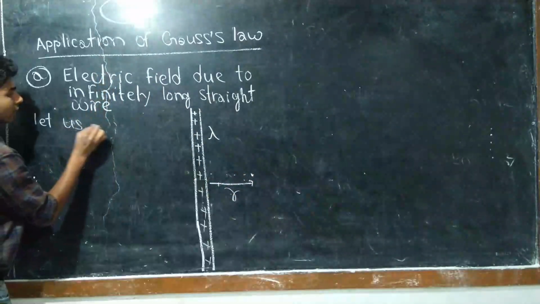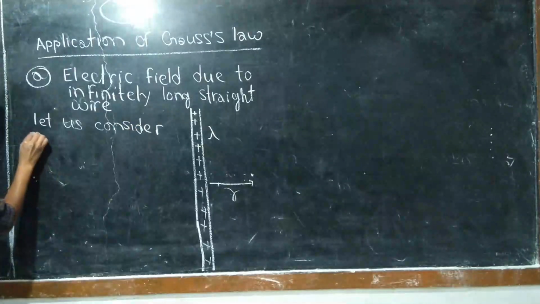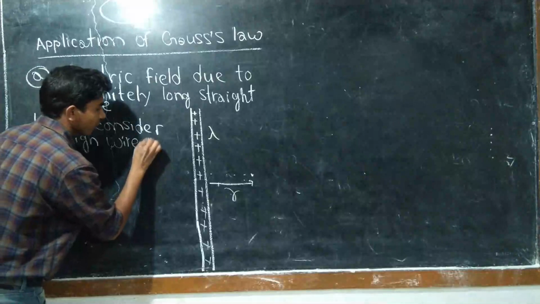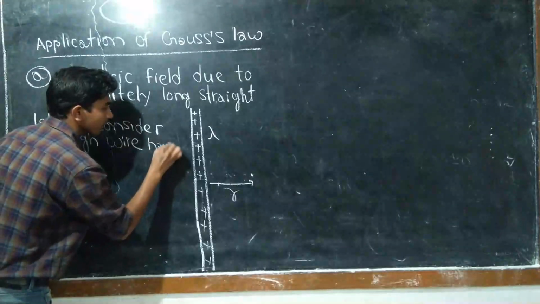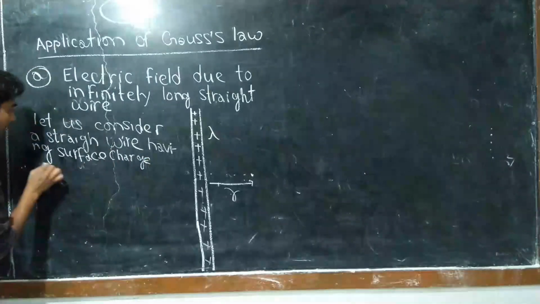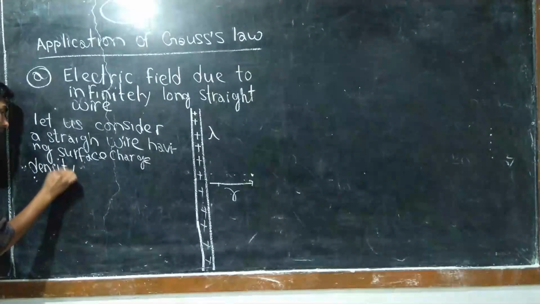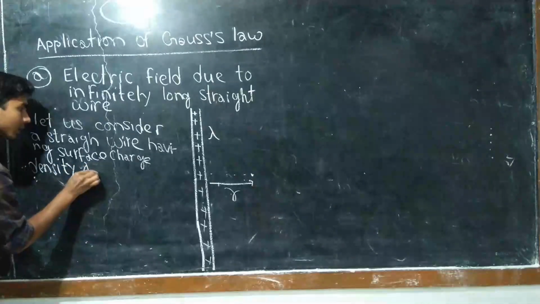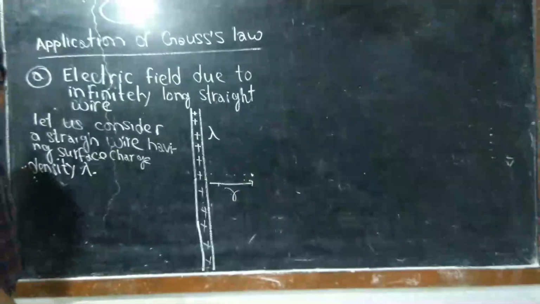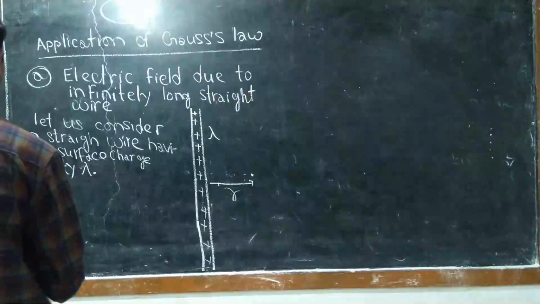Okay, let us consider a straight wire having linear charge density lambda.